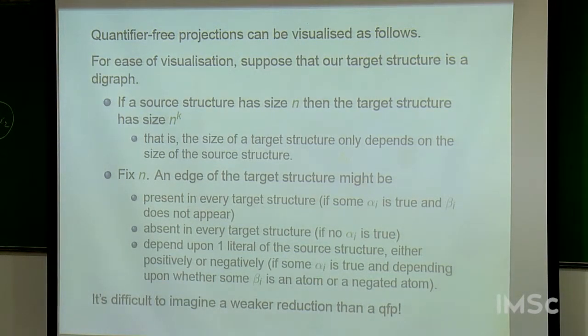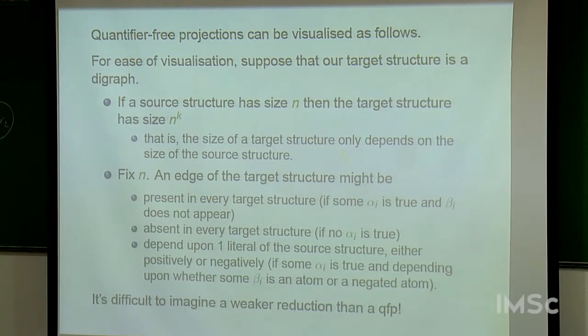An alpha doesn't depend on the signature symbols of the source structure, so it's going to be true for every source structure. Or maybe this edge is always absent because none of the alphas are true. Of course, the alphas don't depend on the symbols or the relations of the source structure.